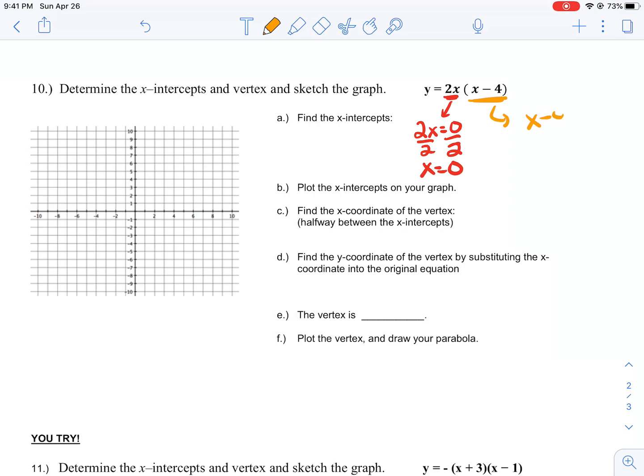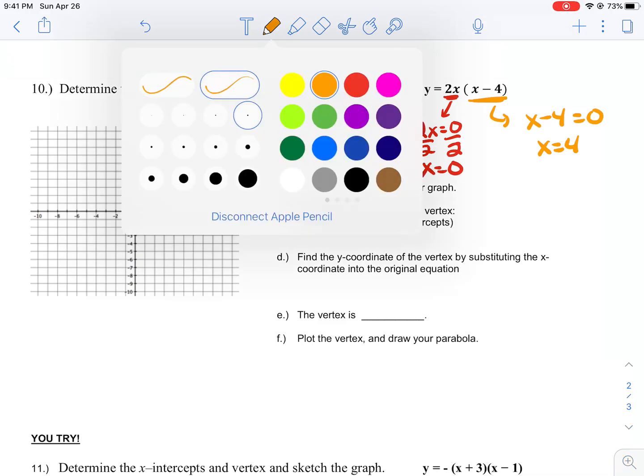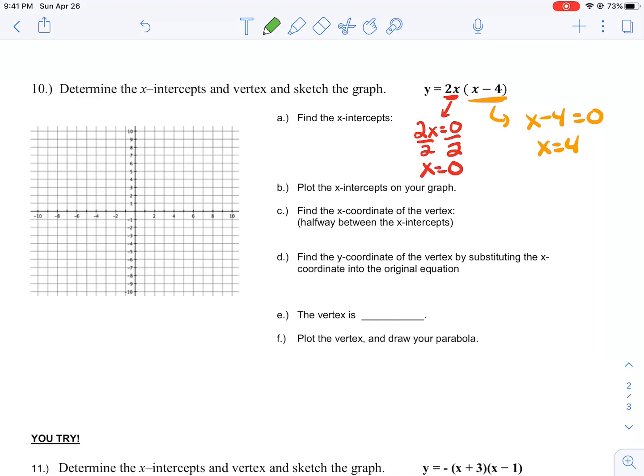The second factor, set it equal to 0. X is equal to 4. And remember, we want to write our x-intercepts as a point. So here you have 0, 0, and here you have 4, 0. So 0, 0 is right at the origin, and 4, 0 is right on the x-axis.